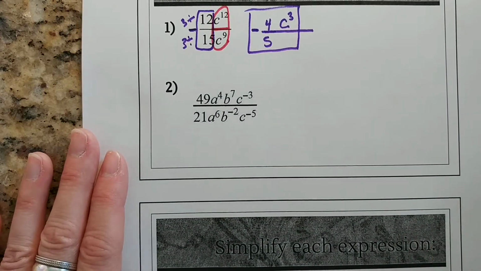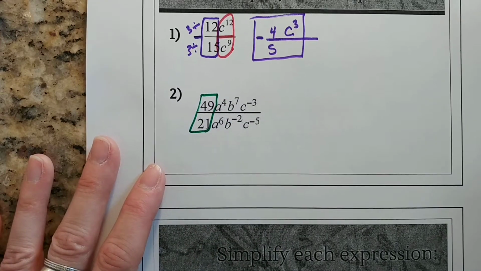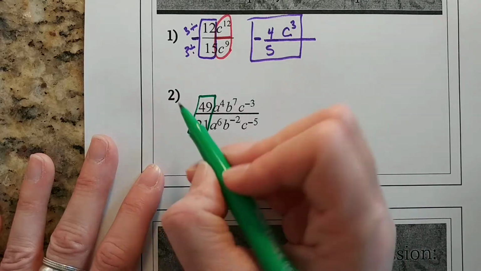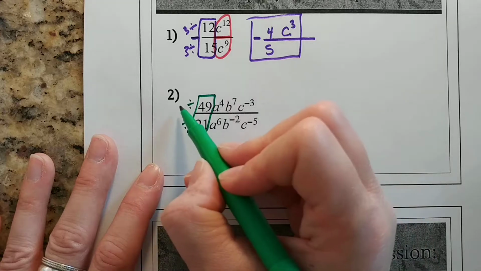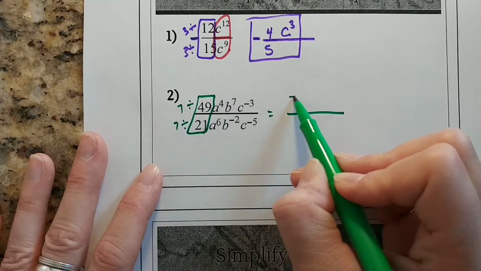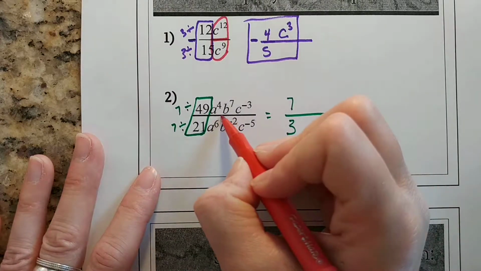Let's try this one. Do you see the numbers out in front make a fraction, 49/21? Can you simplify the fraction? Yep, and to simplify fractions, you divide by a common factor, 7. Okay, so that's going to give us 7 up here and 3 down here. Now let's look at the exponents.